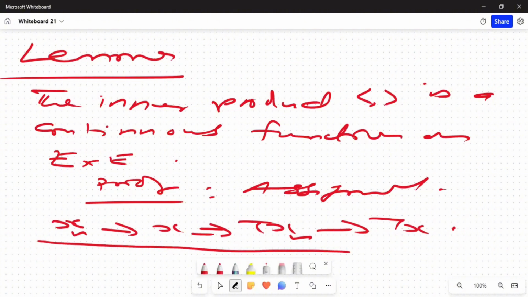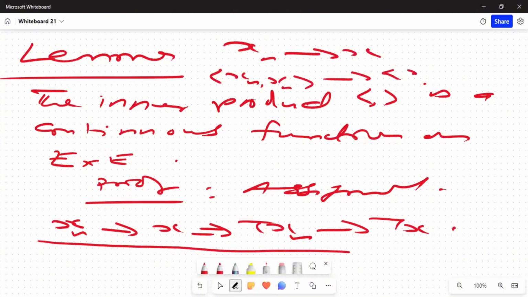In other words, if x_n converges to x, you can show that the inner product of x_n comma x_n converges to the inner product of x comma x. If you show that, that's continuity.